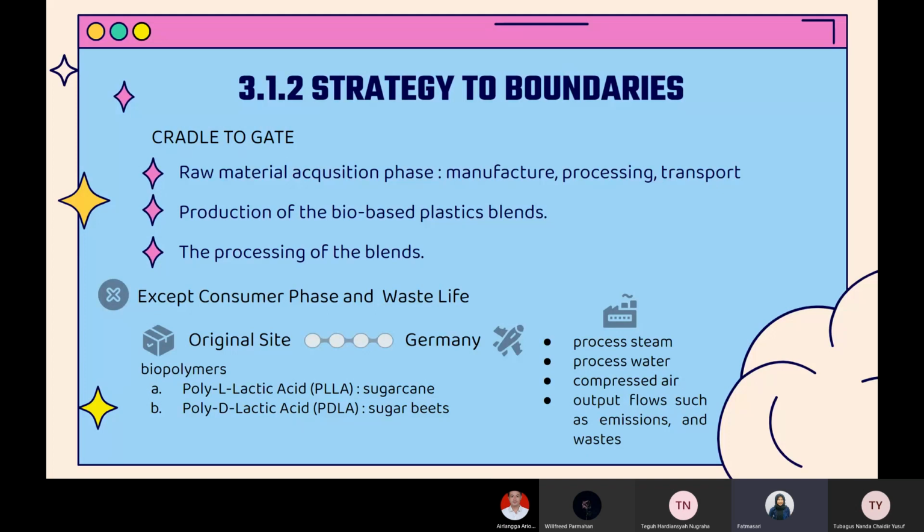This process is included in the pre-processing of bio-based plastic blends. The utilities considered are process steam, process water, and compressed air, and output flows such as emission and waste.